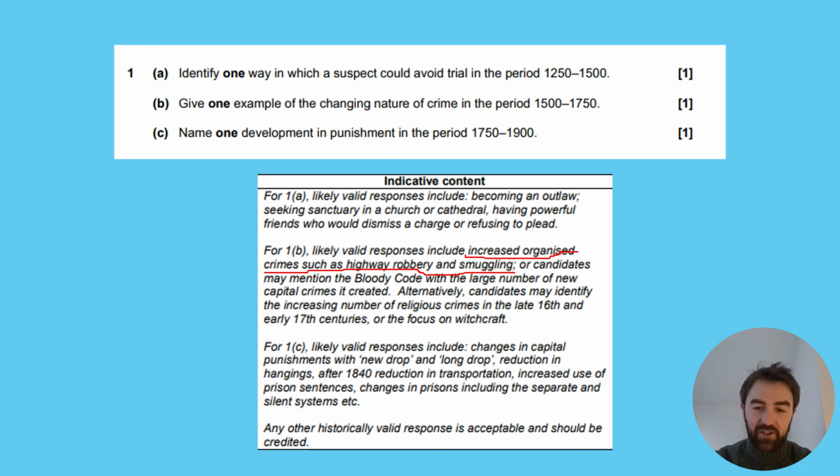Sorry, that line's all over the place, but you can still read it, hopefully. So if you were to say organised crime, you wouldn't get the mark. If you were to just say highwaymen or smuggling, you wouldn't get the mark. But if you say organised crime like highwaymen, or smuggling, which was an organised crime, you're far more likely to get the mark.